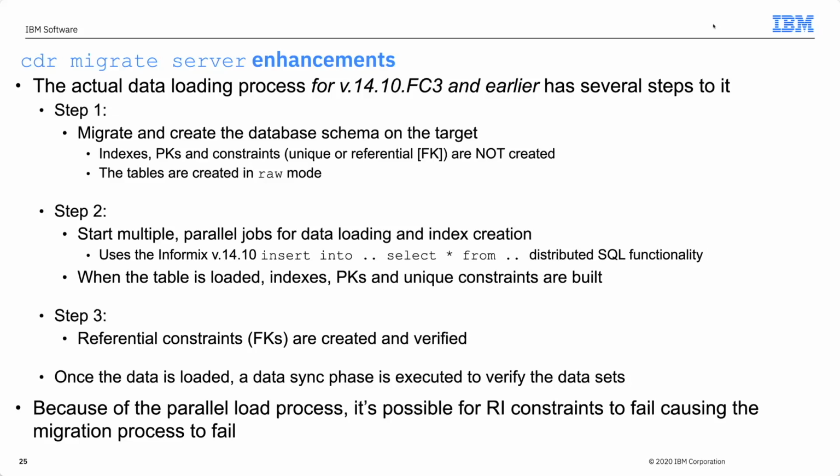Well, it was possible for a parallel load to load a child row before the parent row was inserted. And that would cause the RIs to fail, the whole parallel load process would fail, and the migration would fail, and we'd send you this really nice message that says, sorry, please try again later.